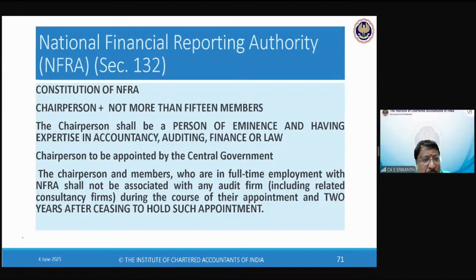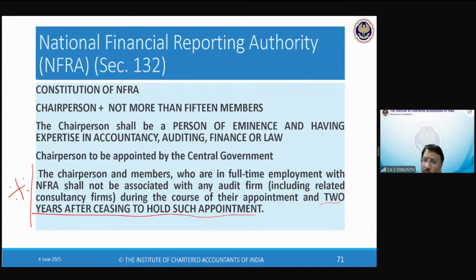So this is relevant from the exam point of view. Two years after ceasing to hold such appointment. Try to remember that. So A was a chairperson of the NFRA. After he ceased to be the chairperson, within 1 year, he became senior partner of an audit firm.